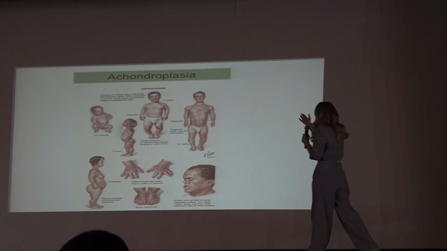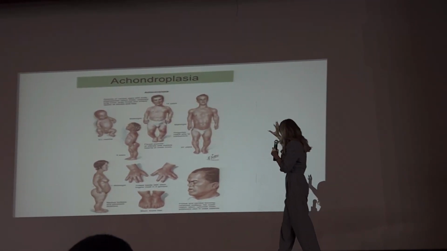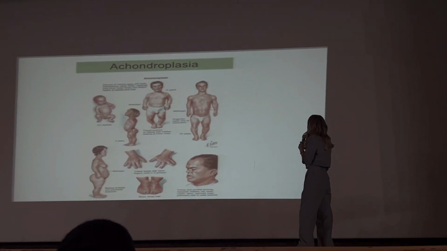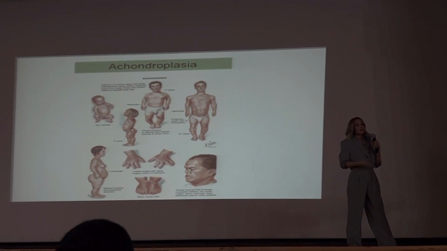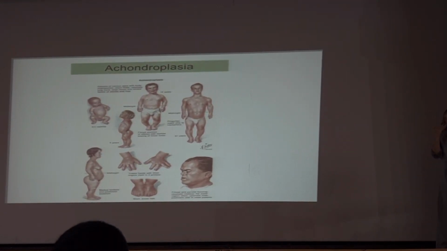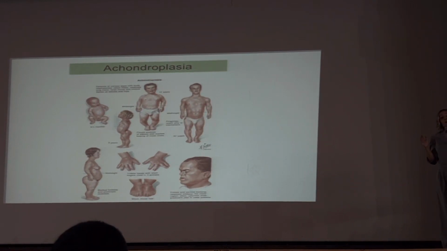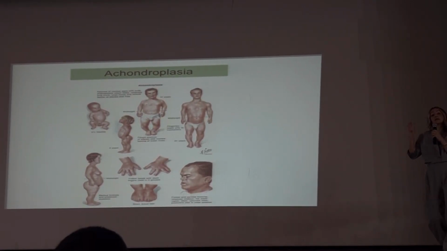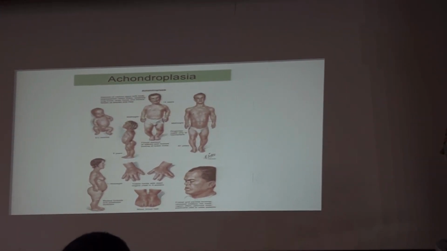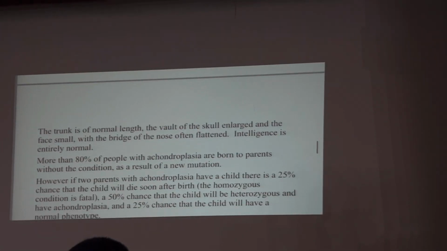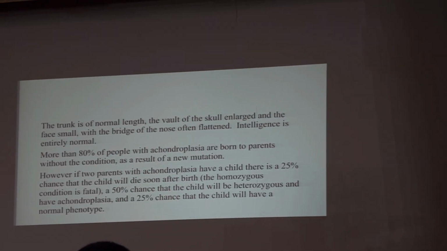The trunk is normal because intramembranous ossification is not affected, although the endochondral ossification has a defect. So that's why they have a normal trunk.